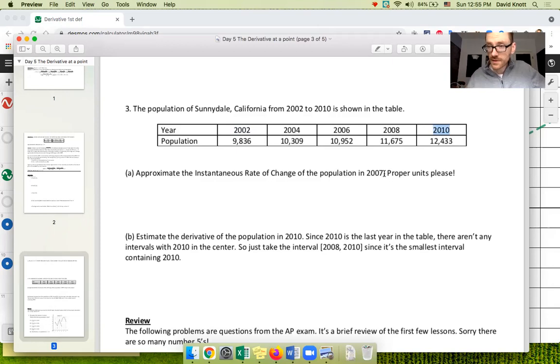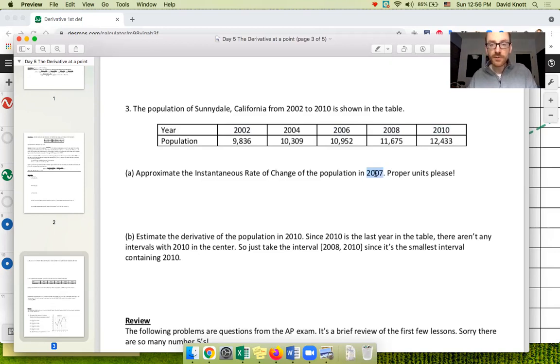But remember what I said last time, you want to make sure that you use as small of an interval as possible, and ideally with the point in question in the middle of the interval, right? So that leads us to the interval 2006 to 2008, because that has 2007 right in the middle, and it's the smallest such interval, right? Which means that if we take the average rate of change of this function over this interval, that will be the best possible approximation for the instantaneous rate of change at 2007.